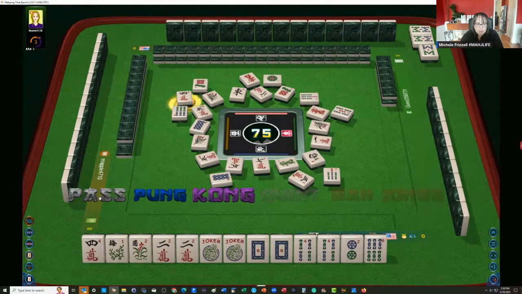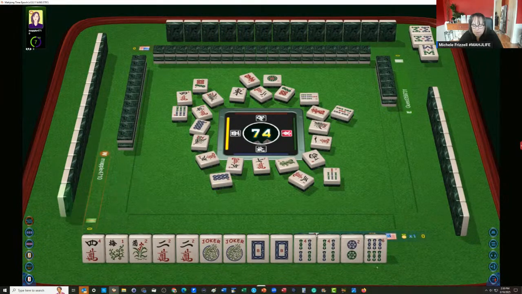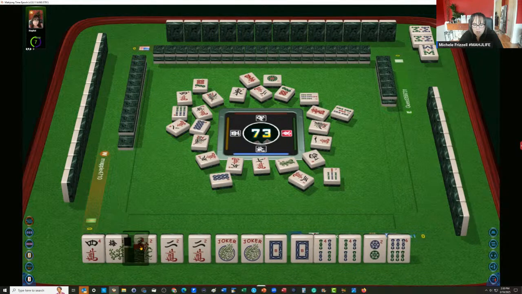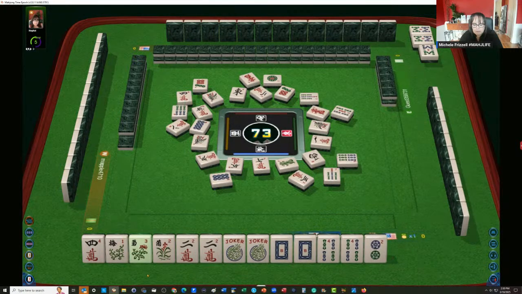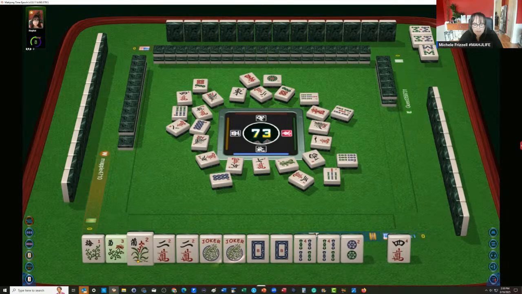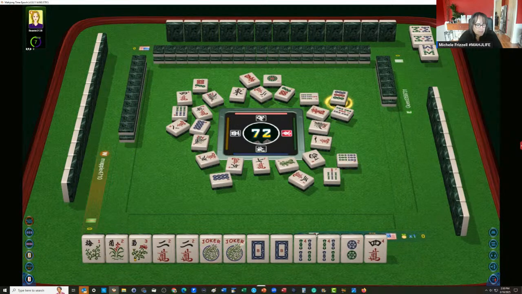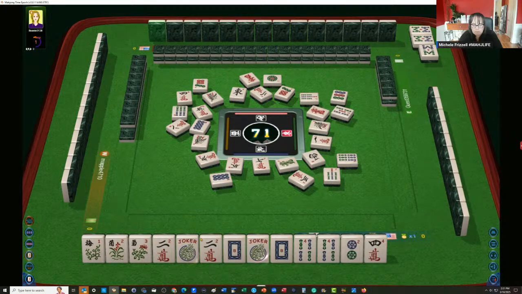Okay, we don't need a 4 crack. Let's see. I'm kind of thinking, flower. All right, let's go for the 2nd hand down now that we have bamboos. Another flower. 2nd hand down. We can Kong 2 0.